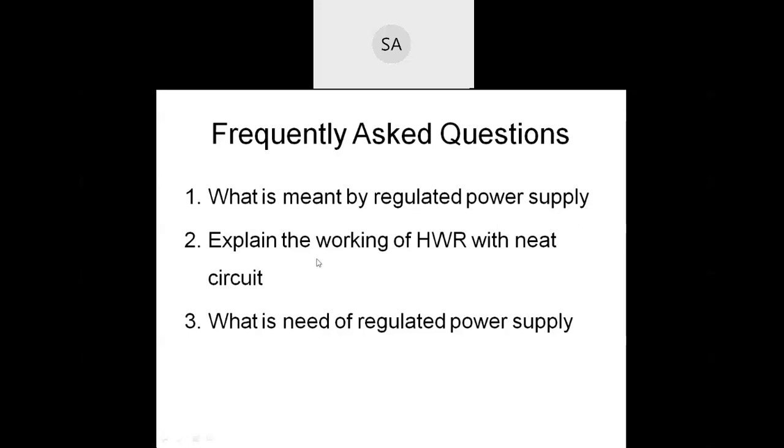And what is the need of a regulated power supply? All electronic circuits, transistors, receivers, transmitters, TV, mobile and portable circuits require DC power supplies.